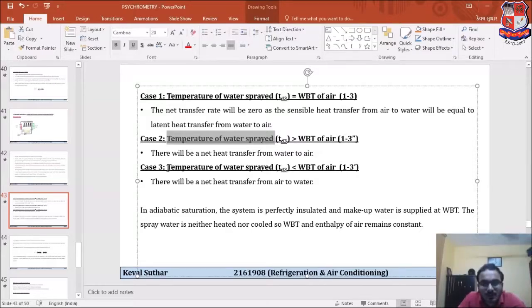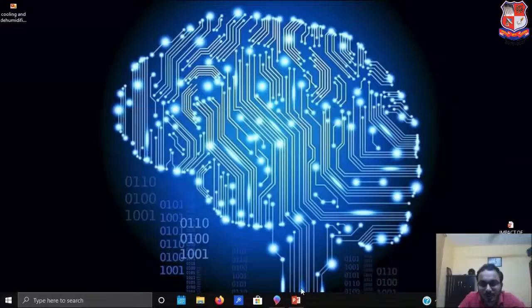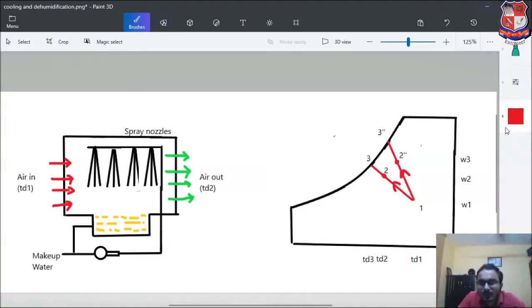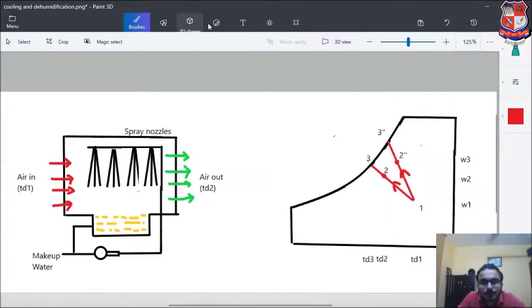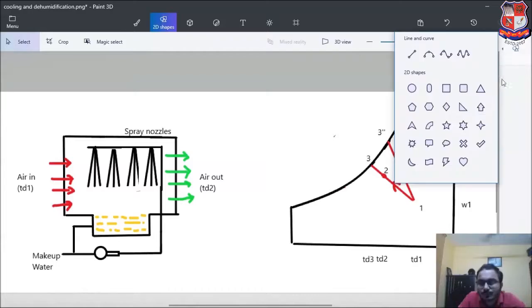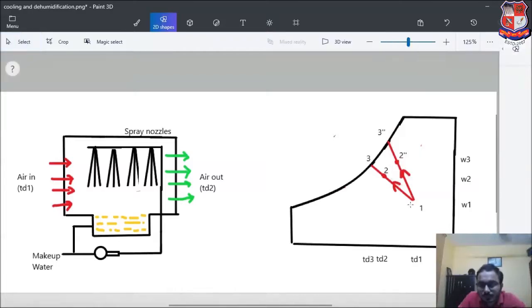Now we will take a third case in which the temperature of water sprayed is less than the wet bulb temperature of air. So in this figure, let us denote this process this way.